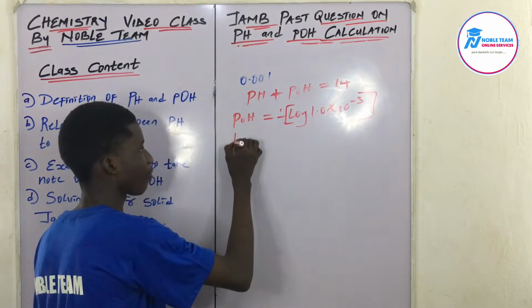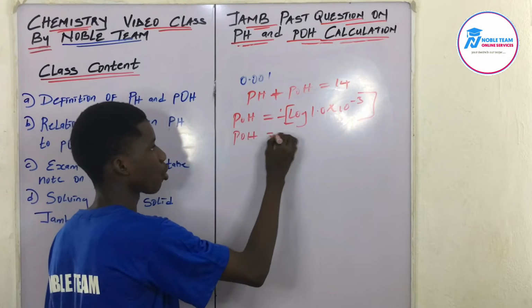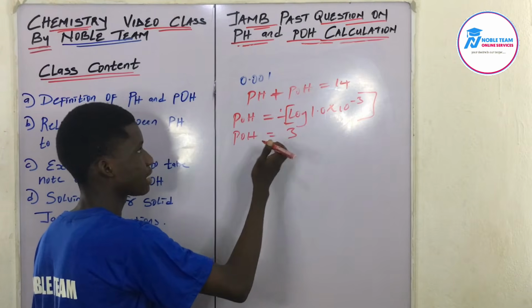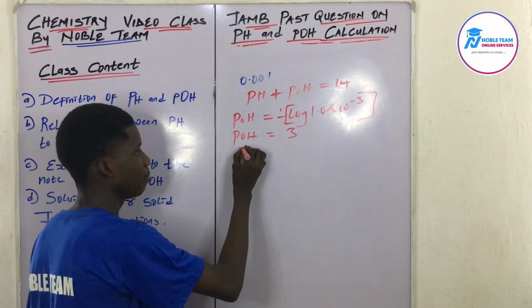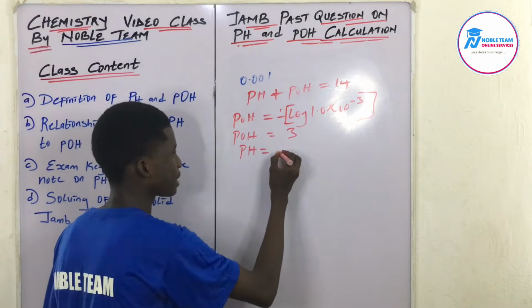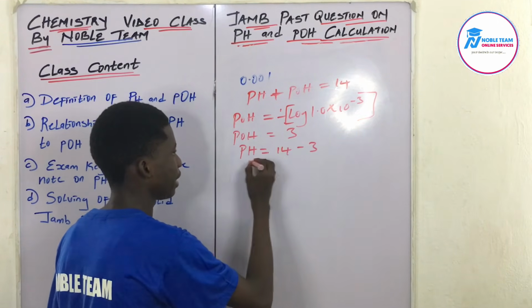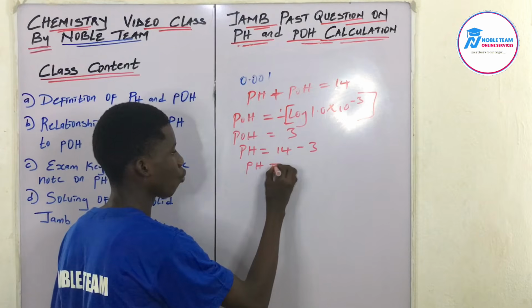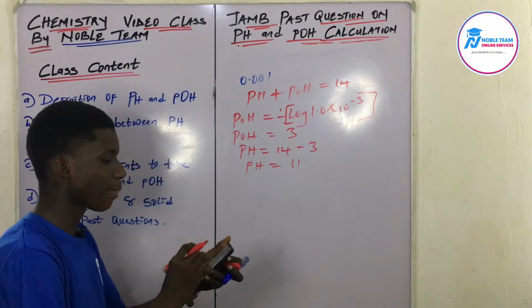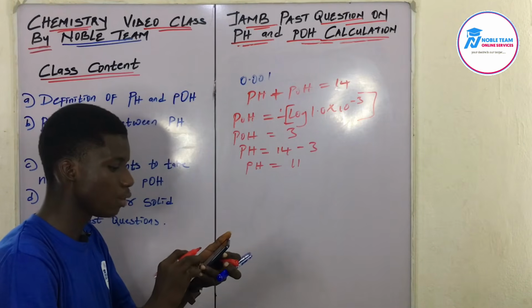So the next thing I have is pOH is equal to 3. Anywhere that I see my pOH, I'll put 3. So pH is equal to 14 minus 3. Then my pH is equal to 11. And we are done.